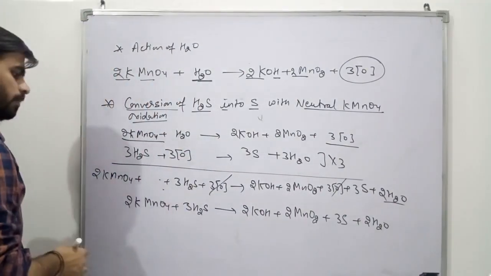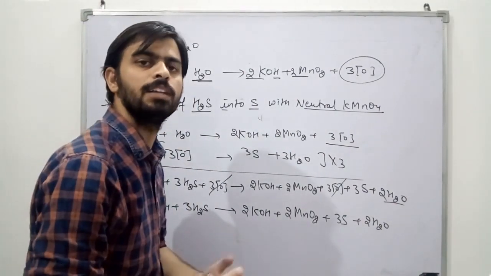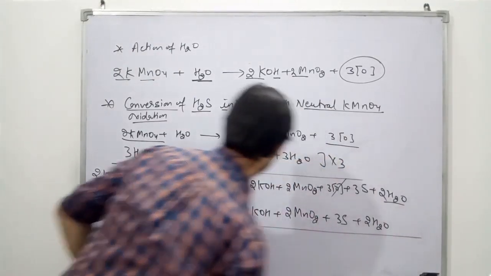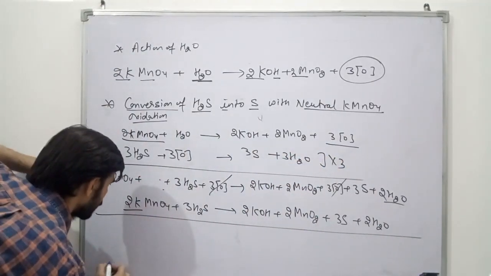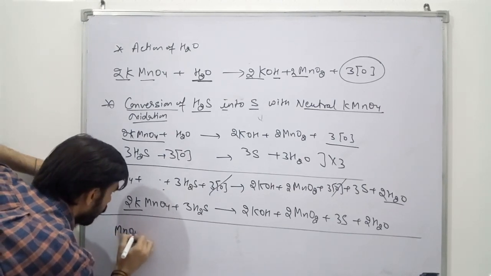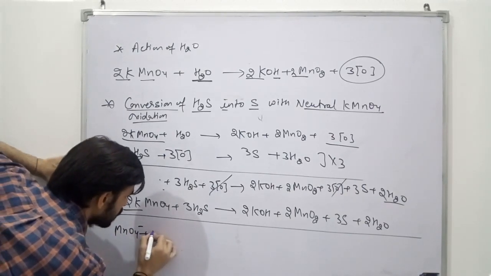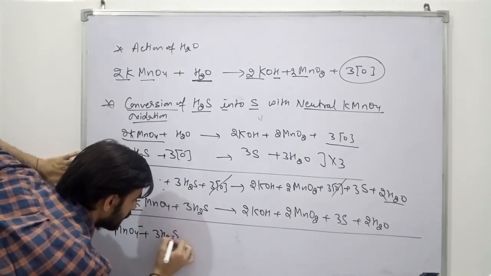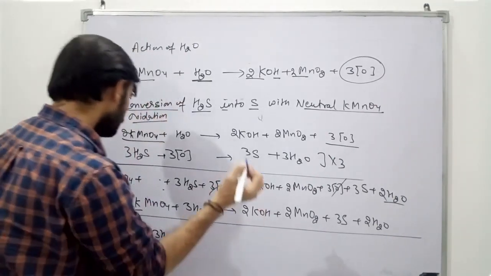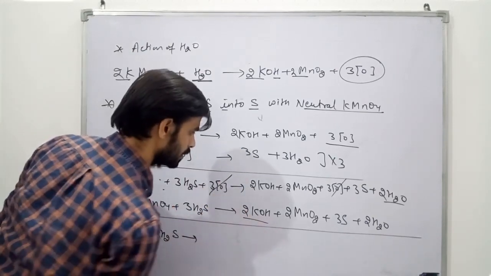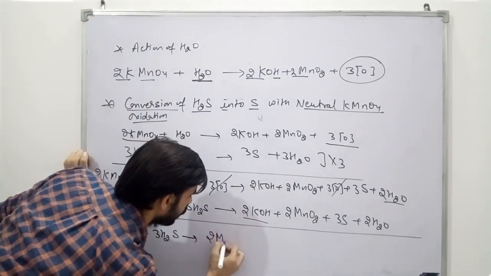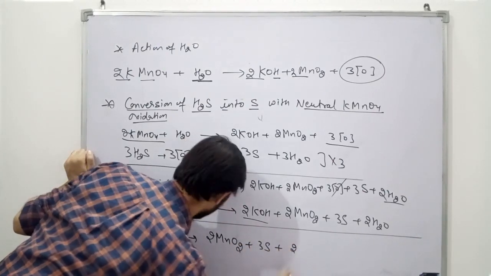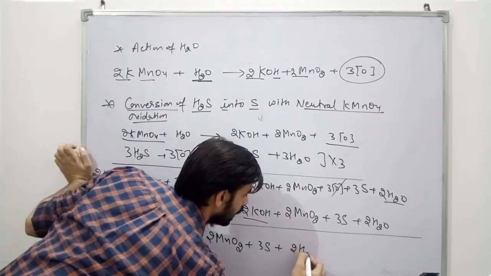We can also have its ionic equation. For the ionic equation, we have potassium negative and we have MnO4 negative plus thrice of H2O, H2S gives, we have to neglect this KOH, twice of MnO2, 3 times of sulfur and twice of H2O.